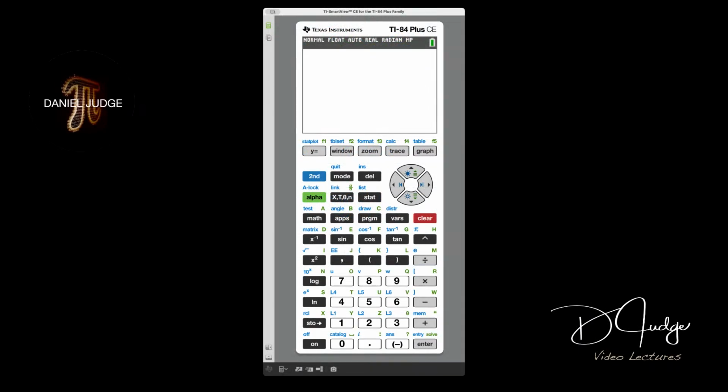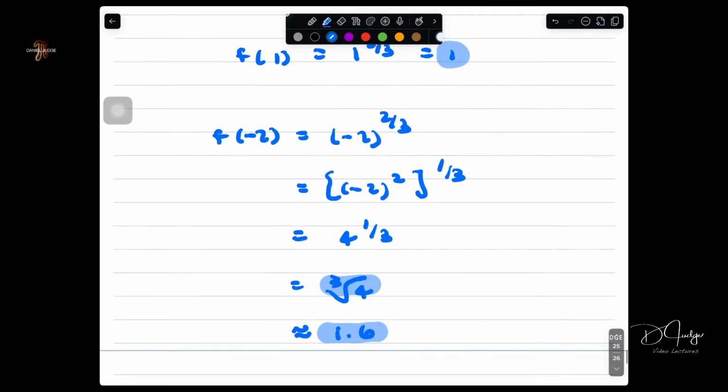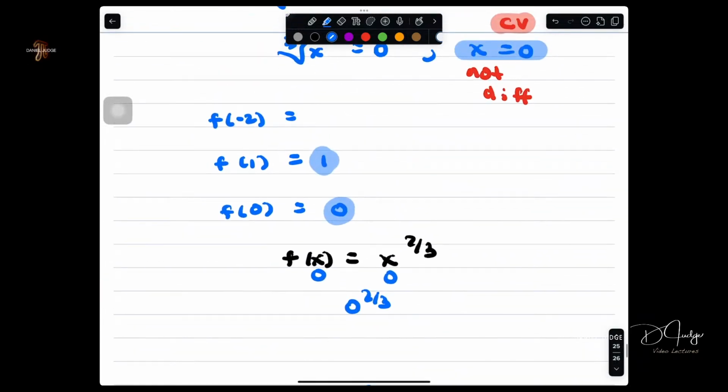So in our calculator, the cube root of 4, we take 4 raised to the 1 divided by 3 power. That's the cube root. We'll go to the nearest tenths. It's about 1.6.